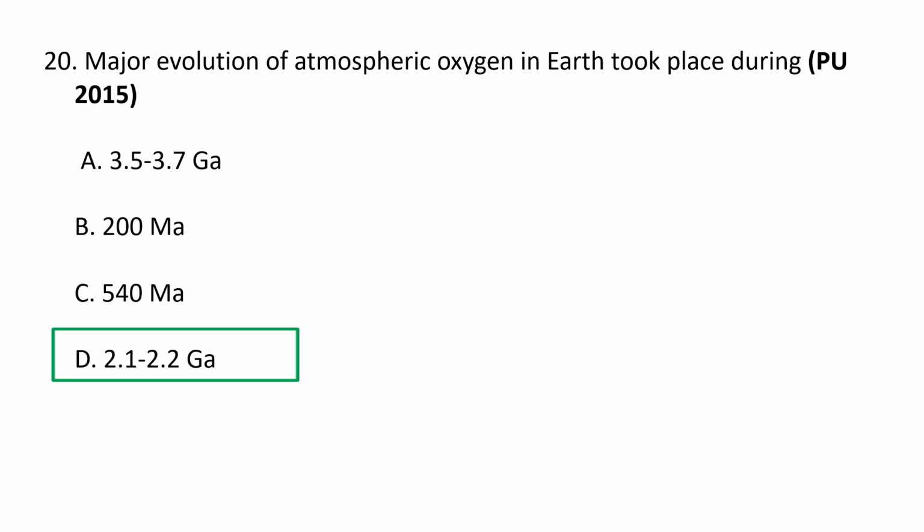As more oxygen escaped, methane was eventually displaced and oxygen became a major component of the atmosphere. So this event is known as the Great Oxidation Event, and major evolution of the atmospheric oxygen took place during this event, and this has occurred around 2.4 to 2.1 gigaannum. So D is the correct option.